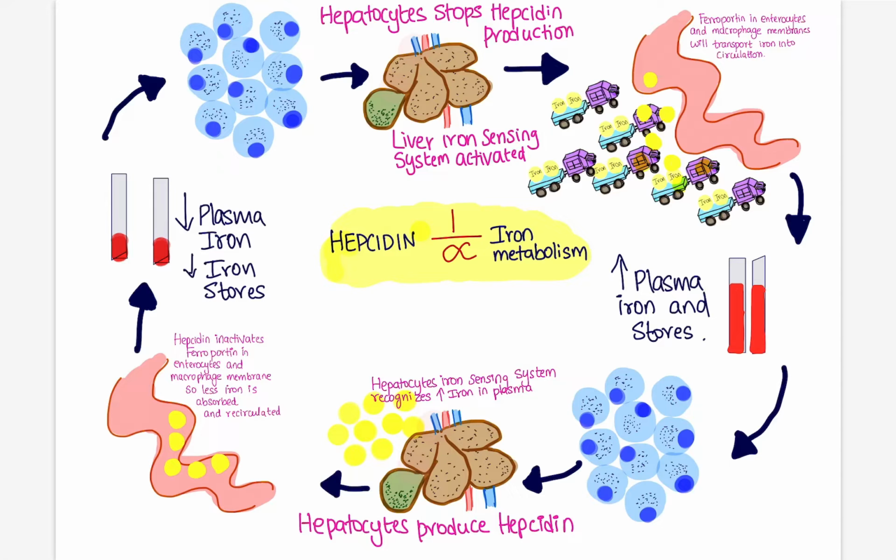effect. So when there is sufficient iron in the plasma, again hepatocytes will sense this, and the liver will start producing hepcidin. Do you understand? Because hepatocytes contain an iron sensing system.